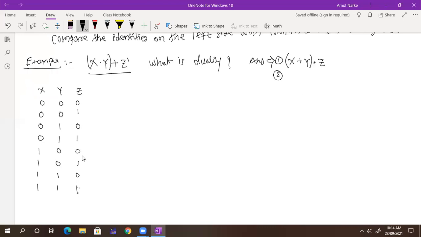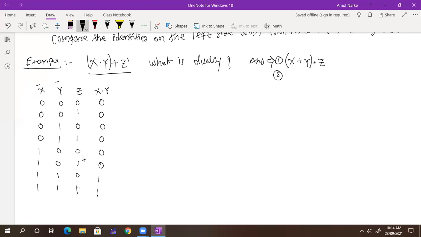Okay. Now x into y. So what happened with x dot y? We have this table. For dot, if both are 0, the output is 0. Here also 0. What about here? 0. Here also 0. Here I will get 1.